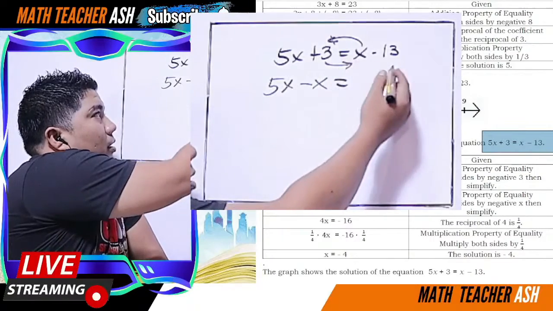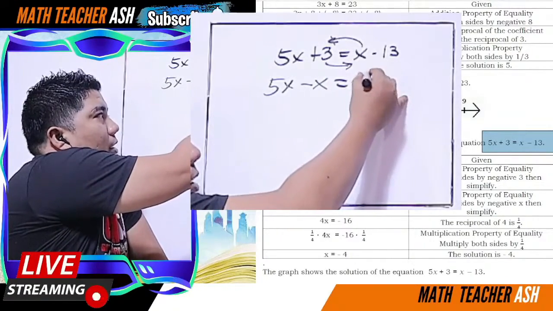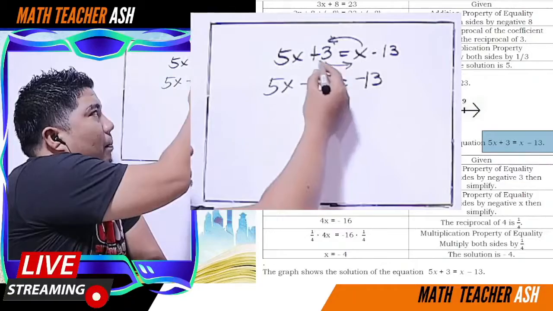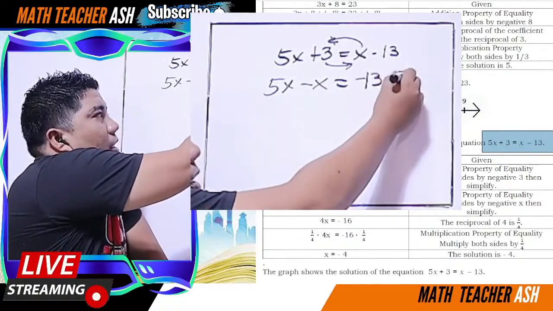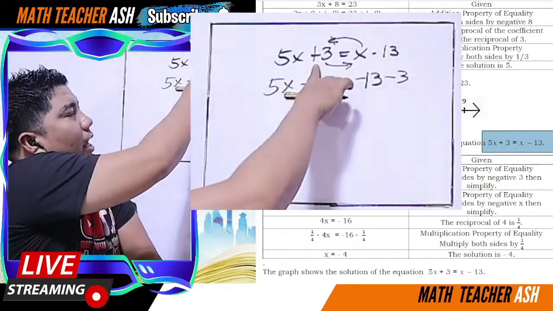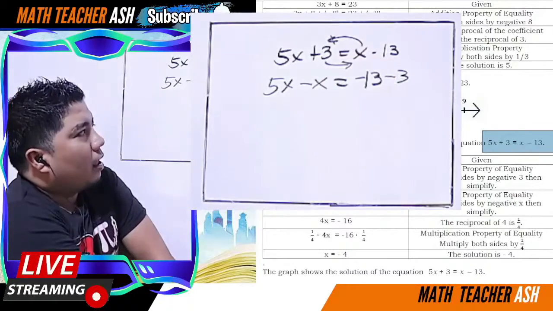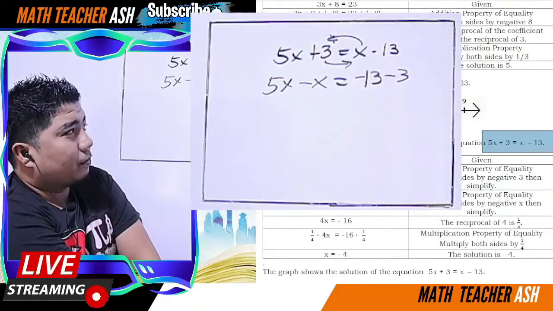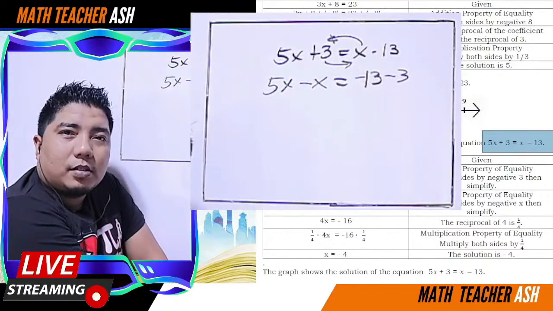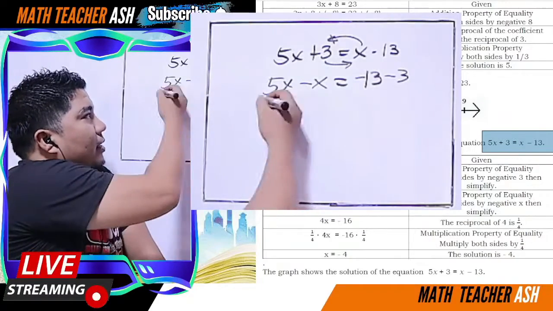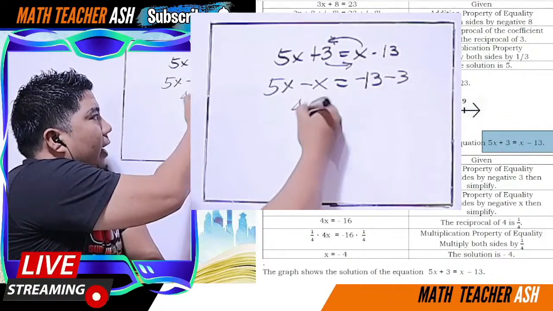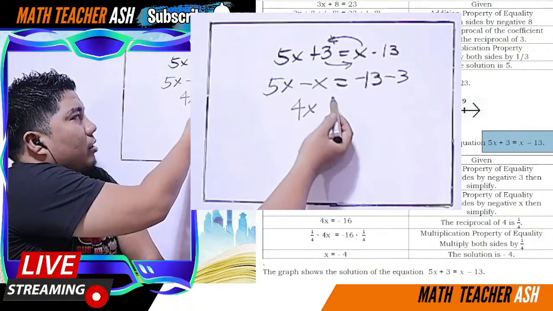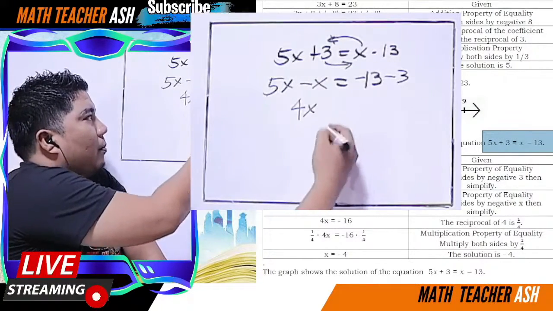So, my 13 right now, I will just write it down. And then my plus 3 here will become minus 3. Okay, because the sign here is positive, then when it is transposed, it becomes negative. Okay, so if I simplify this one, this will become 4x, because 5x minus x, there is a 1 there, that will become 4x.